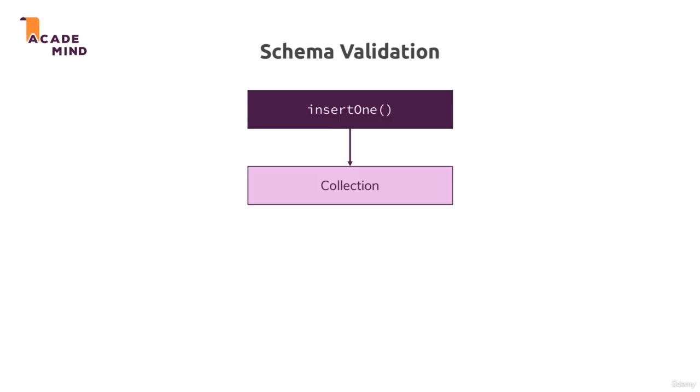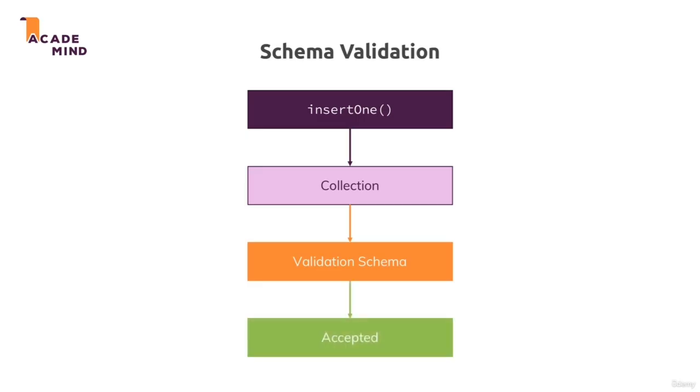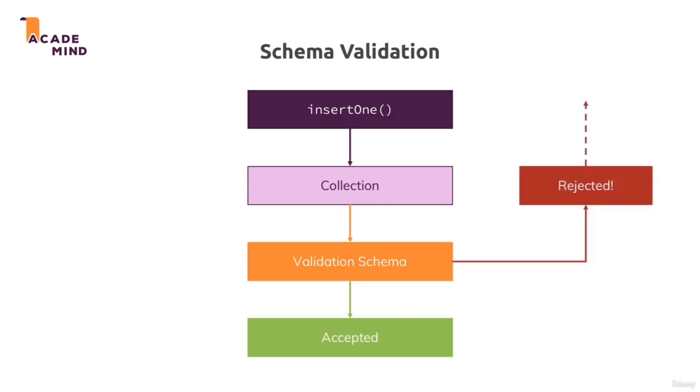If we add a validation schema, and I will show you how you add one in the next lecture, then MongoDB will validate the incoming data based on the schema we defined. And it either accepts it and then allows the write to the database, or it rejects the incoming data. Hence, your database is not touched and is not changed, and the user gets an error.